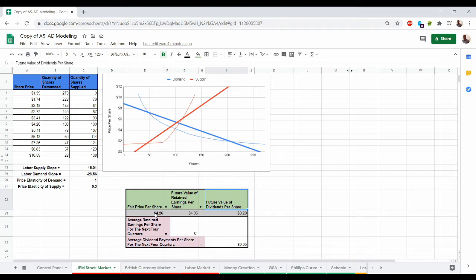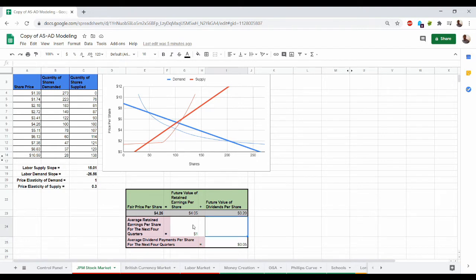So I basically ran some future value formulas on these two values. For the value of retained earnings per share in the future, I put the average retained earnings per share for the next 4 quarters would be about $1 per quarter, and that the average dividend payment per quarter for the next 4 quarters would be 5 cents per share.